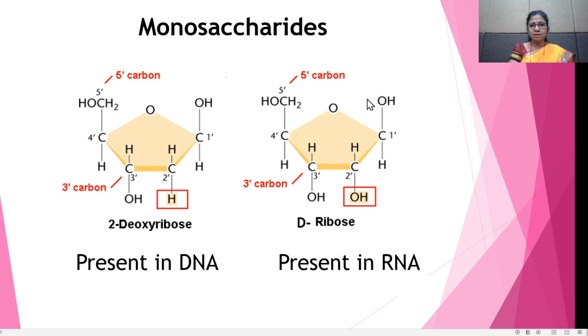In this D-ribose sugar, the numbering is also 1 dash, 2 dash, 3 dash, 4 dash and 5 dash. In this way, 5-membered ring monosaccharides are present in DNA and RNA. DNA contains 2-deoxyribose sugar and RNA contains D-ribose sugar.